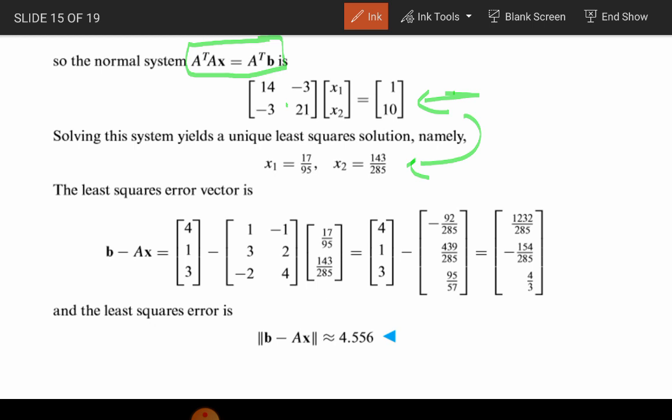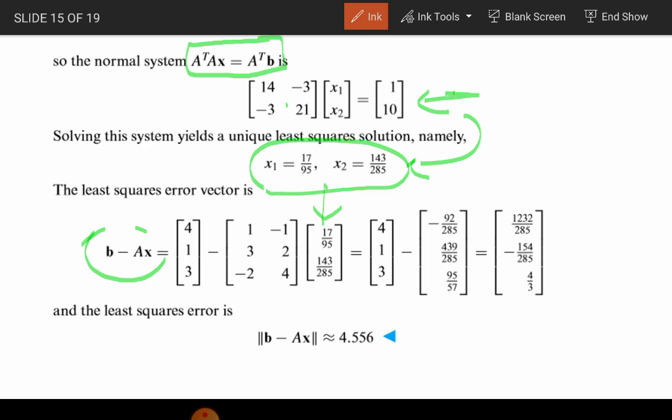How to find the least square error vector? We know we have b minus ax. So the value of b, we minus with A times the x, the value of x that we got just now.